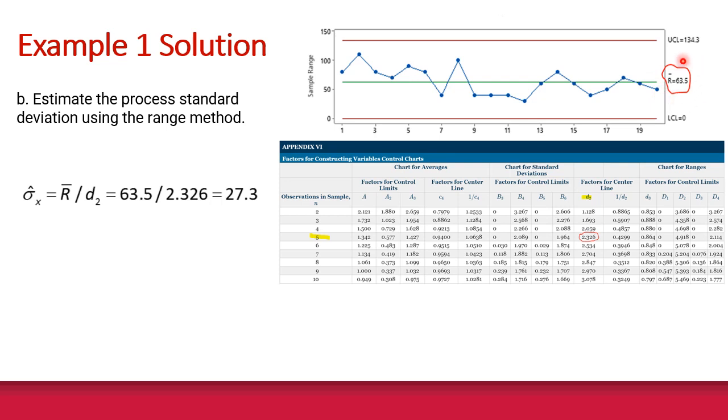On our R chart, R bar is 63.5. We selected subgroups of 5, so we can come over in a row for 5 and find d2, 2.326. So we divide these out, and you get 27.3 as the estimate of the standard deviation.